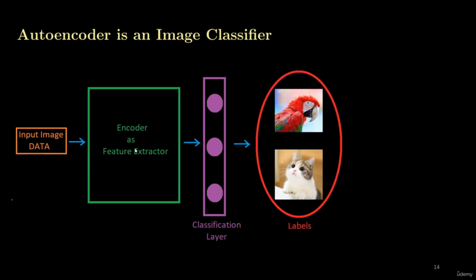They extract all the important features from the input data and then pass these features to the classification layer, which performs the classification. So the important concept is, when you want to use autoencoder as an image classifier, you have to remove the decoder part, and in place of the decoder part, you have to attach a classification layer so that you can perform the classification.